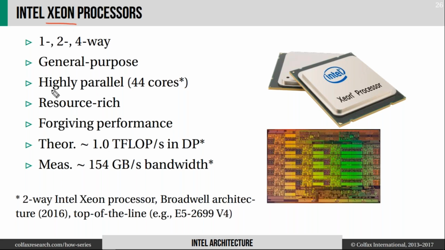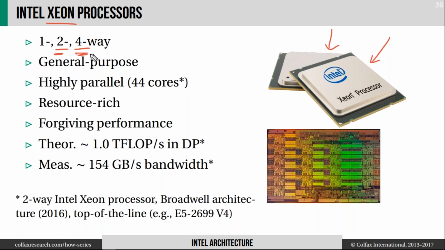In addition, you can find Xeons in two-way or four-way form factor. This means that instead of one chip, you can install 2 or 4 chips on the same server board. To your program, it will look like doubling or quadrupling the number of cores.